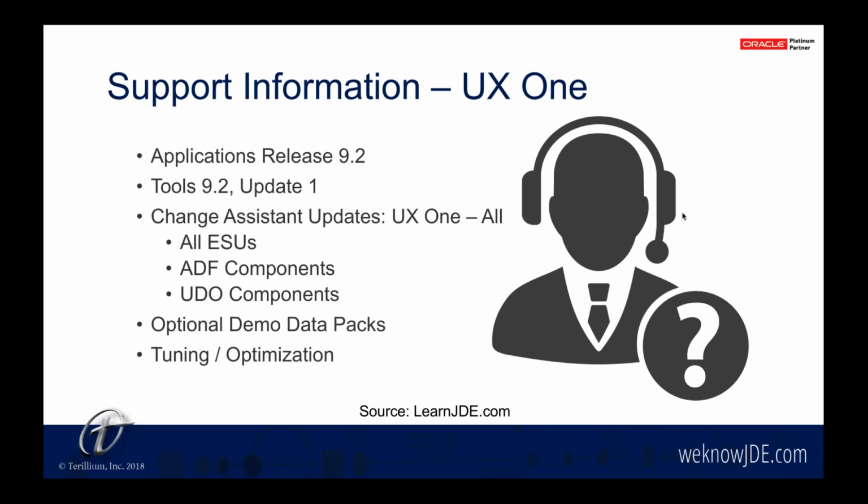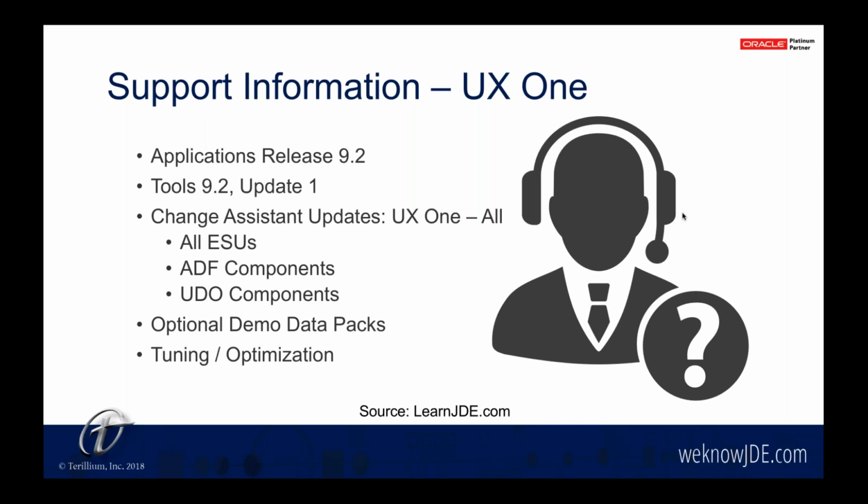There are going to be some ESUs and some ADF and UDO components that you can get through Change Assistant. And then optionally, you can get some demo data packs that you can load, including some role-based configurations and other things that you can put in the system and therefore play around with some pre-built content.